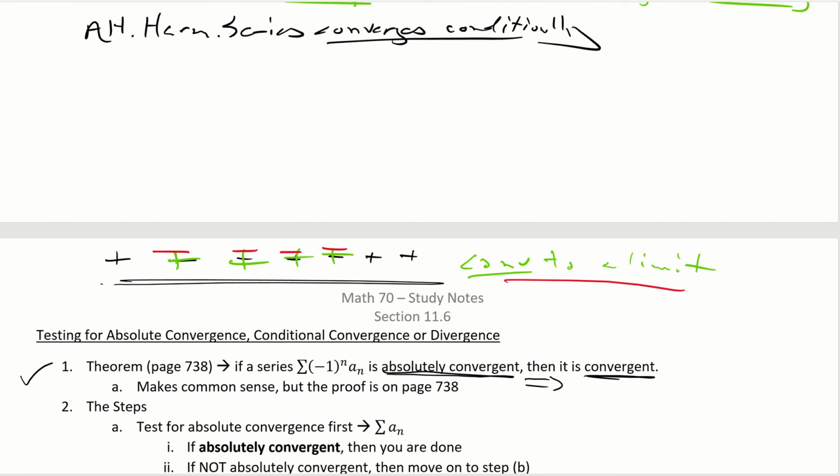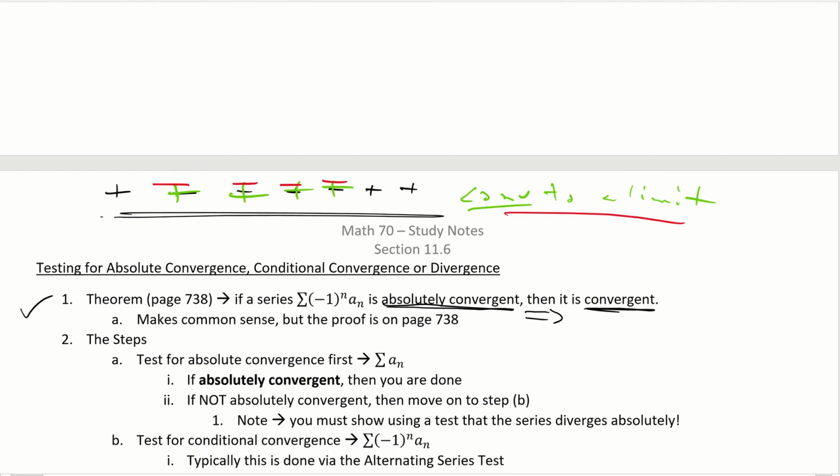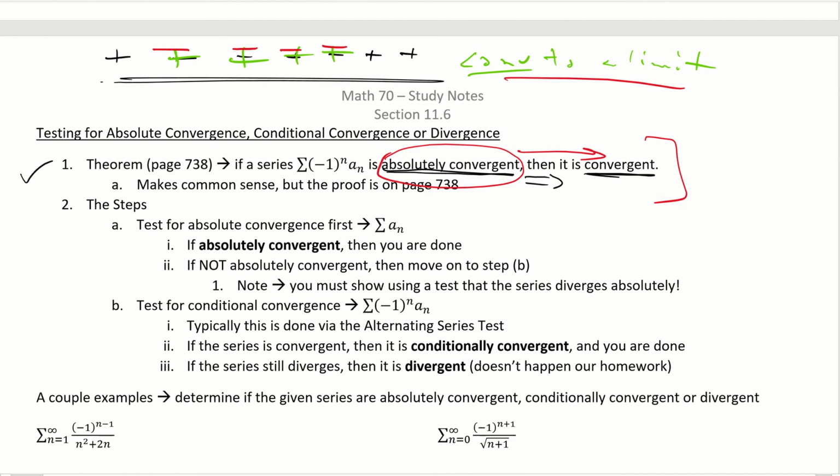If the terms as positive numbers go to a limit, then the terms as positive and negatives go to a limit as well. So all I'm really doing there is waving a hand at that and saying absolutely convergent implies convergent. This is a powerful statement.